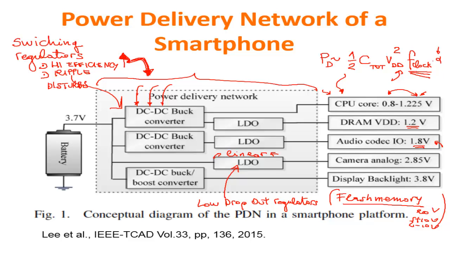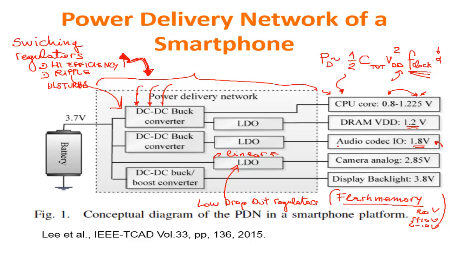And this is the reason why typically if you want to supply a block which has to be sensitive to a small signal, for example an analog amplifier with a very high gain, or a camera for which you want to have a very high gain because sometimes you have a poor signal, or audio which has the same problems, you typically prefer to have a supply voltage that has no such ripples and no such disturb.